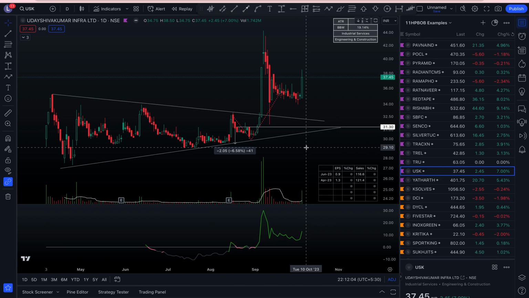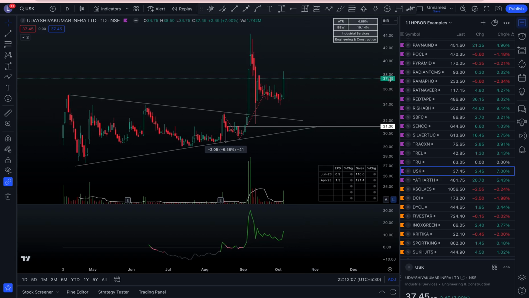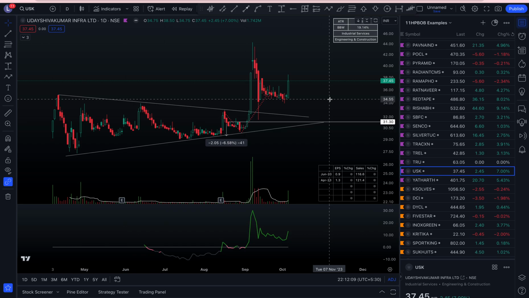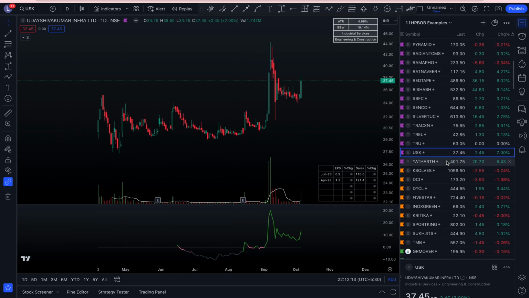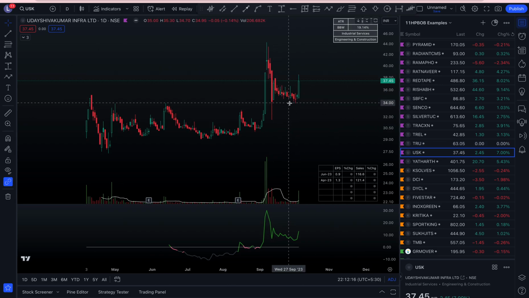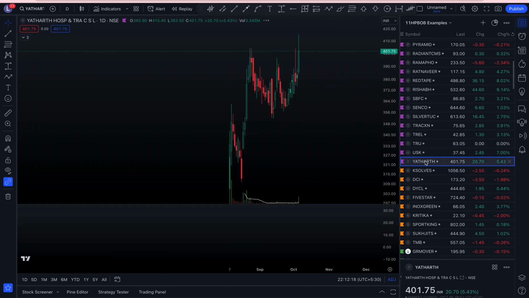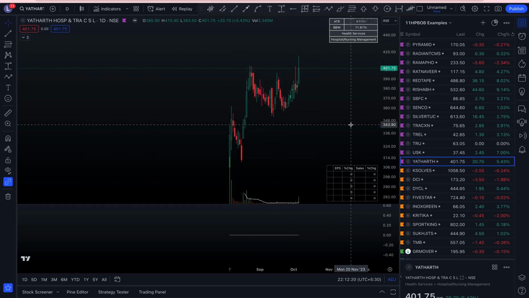If you do 100 trades, that strategy would emerge victorious against any other. So that's the point. And yeah, I'm still holding this, and it's a decent size also.